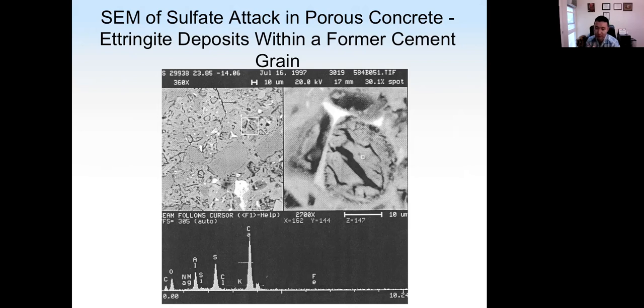So we have some empty space within that cement grain. And that's where the ettringite deposits. Okay, so whenever there's an empty space, there's voids, the ettringite may form there. So again, this is the ettringite, which has the strip pattern. We have black, white, and black.